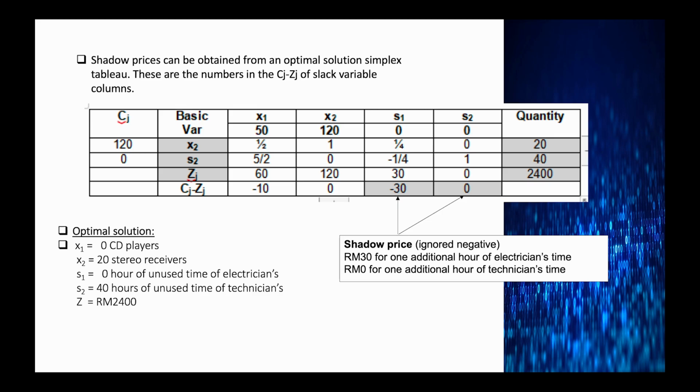So the optimal solution: X1 equal to 0 CD players, X2 equal to 20 stereo receivers, S1 equal to 0 hours of unused electrician time, S2 equal to 40 hours of unused technician time, and the total profit is RM2,400.